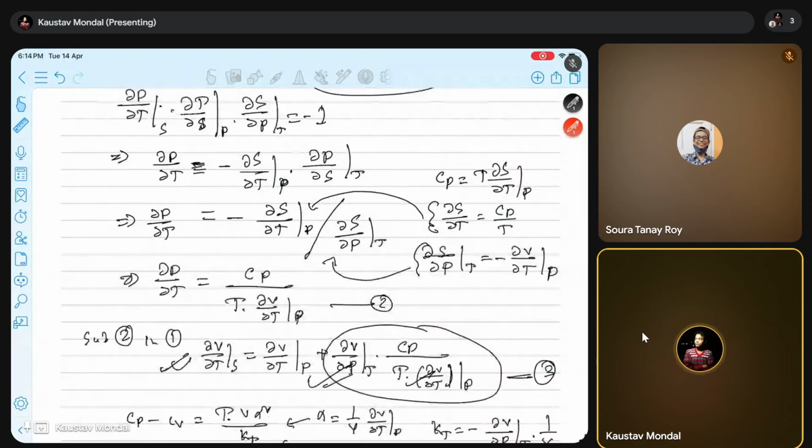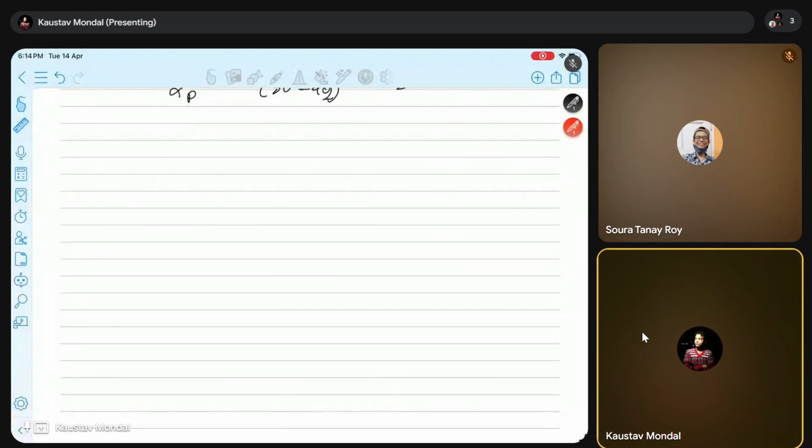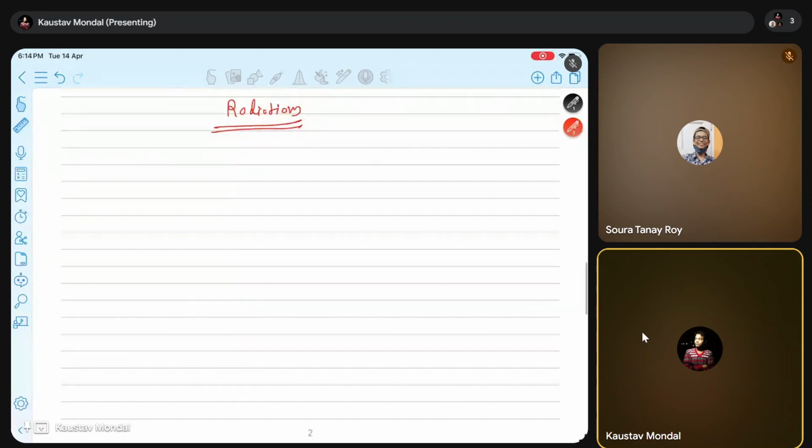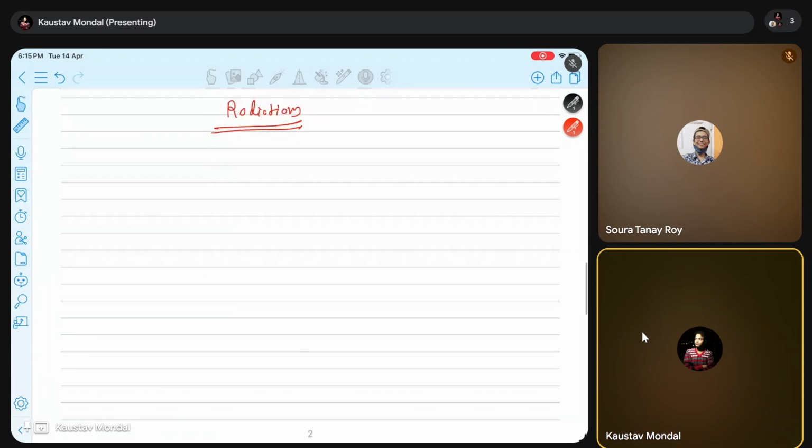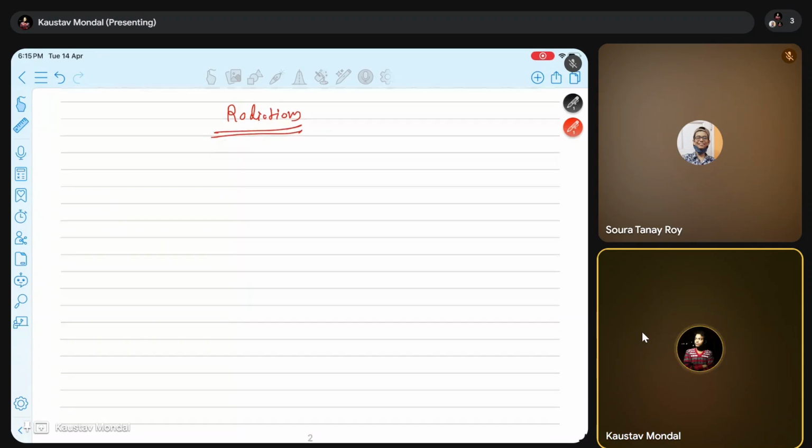So now we'll move to today's topic, that is radiation. There are some basic principles of radiation.